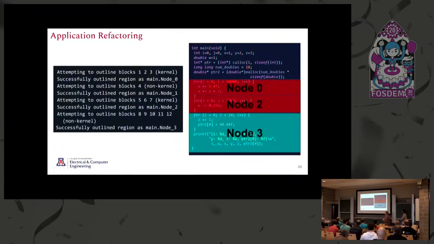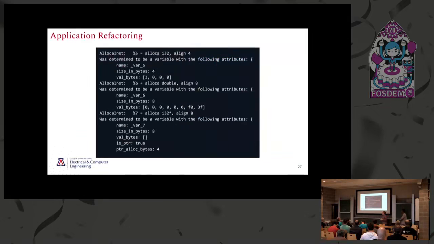So in this case, the kernels are 1, 2, 3, and 5, 6, 7, and then the non-kernel blocks in between correspond to these sections of the original code, where these two nodes were essentially clustered as kernels because they were considered hot enough, but say this for loop here wasn't, and so it was grouped with all of the rest of this here.